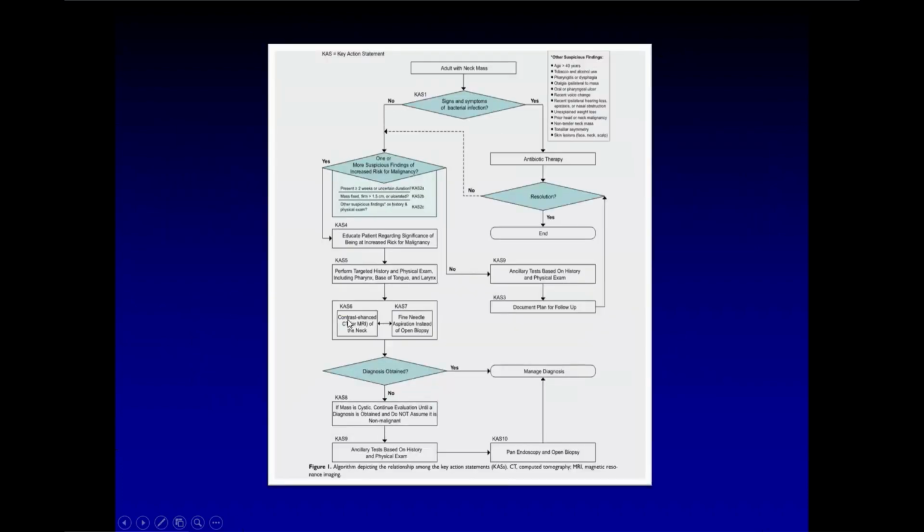And so this is the algorithm that they provide, and it's a little busy, but think of it in terms of, on one column really is antibiotic therapy, and in the other column is what to do when you highly suspect malignancy. But we'll go through this, and each step of the way are key action statements that are based on evidence-based guidelines.